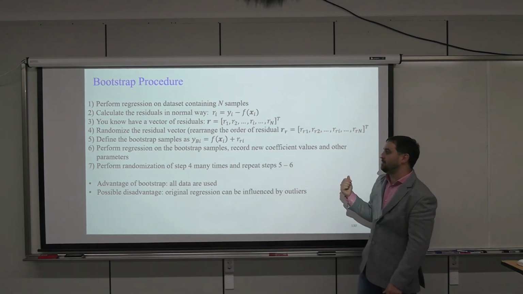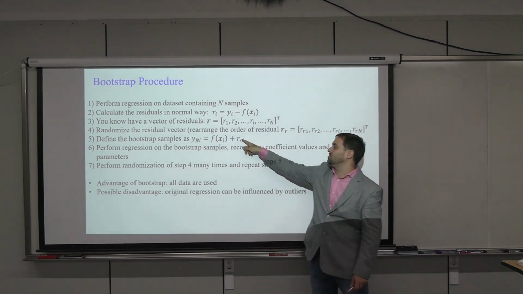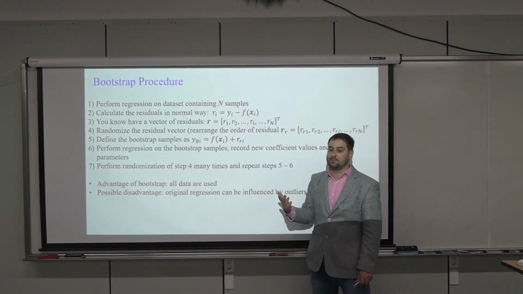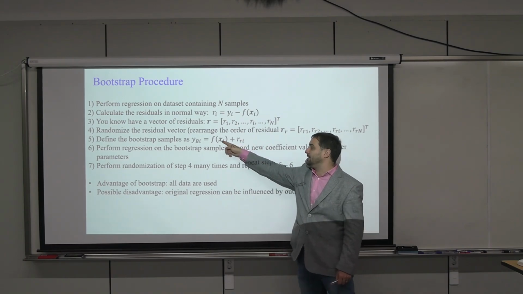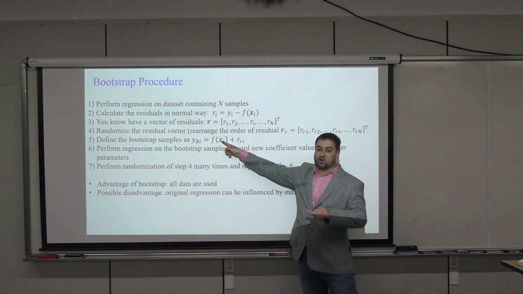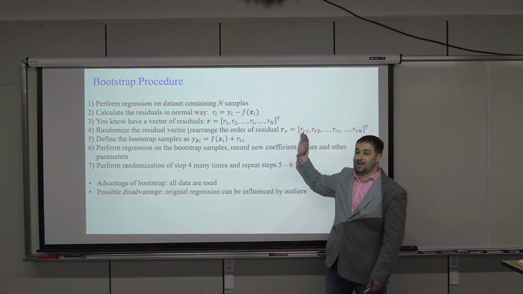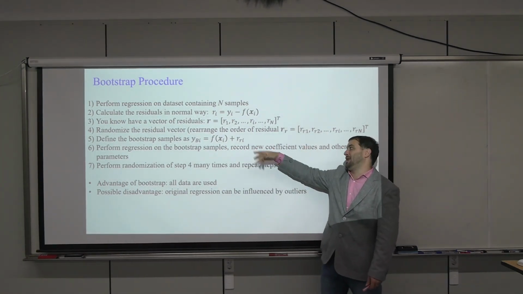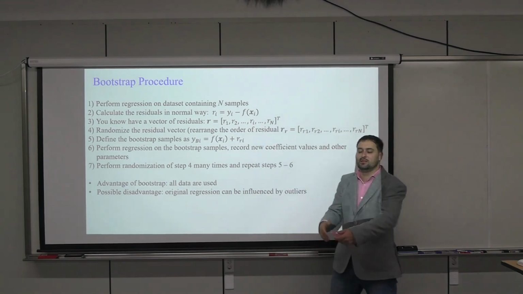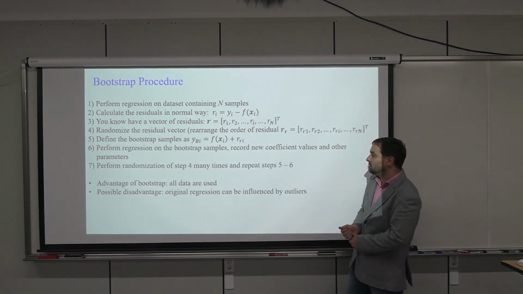This residual actually came from the data set, but now you're adding it to the regression model evaluated at a different input location. But also, through the randomization process, it could be the original residual.